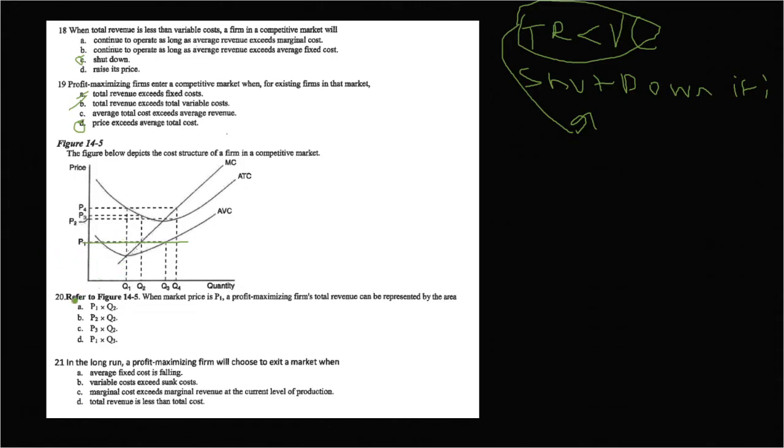Okay, so when the price is P1, we already know it's not going to be anything with P2 and P3, because total revenue is equal to price times quantity.